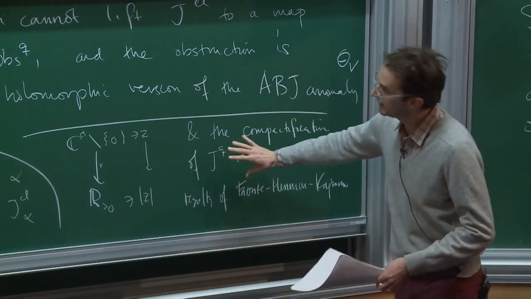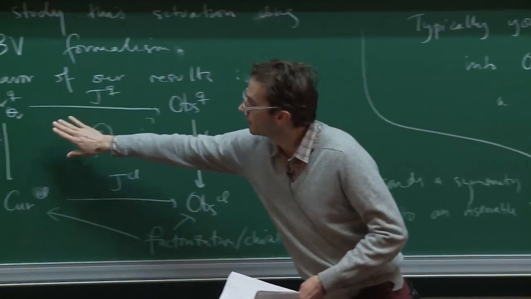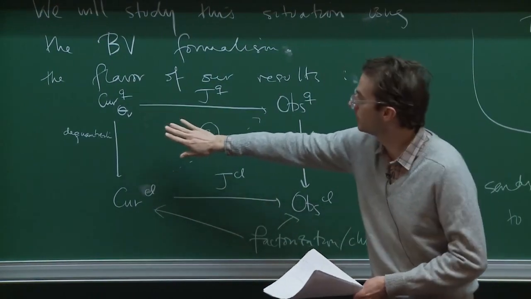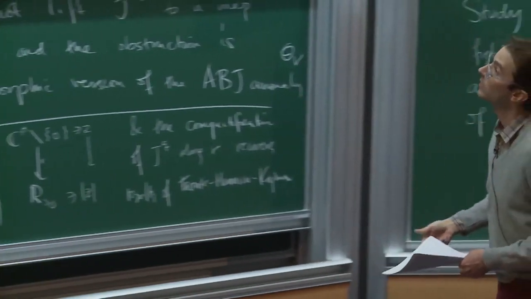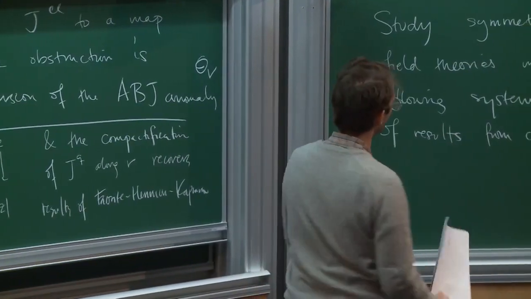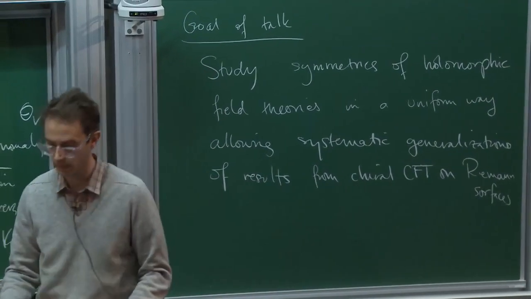And what we'll see is that we're giving sort of the complementary physics story about how the Lie algebras they write down, these higher Kac-Moody's, actually act as symmetries on observables of holomorphic field theories. So that's sort of how we're going to see this systematic generalization of results from chiral CFT.